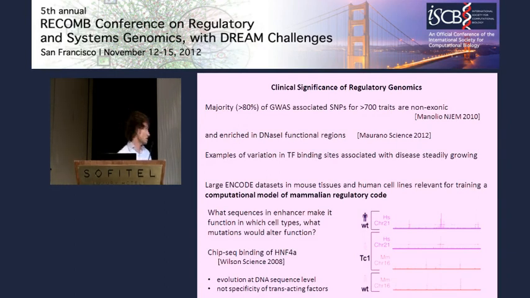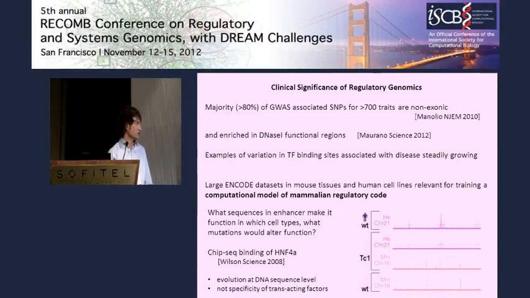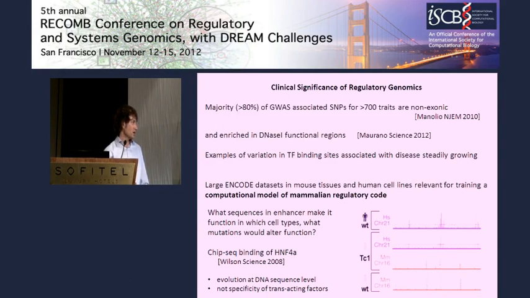So this set of experiments showed that while wild type HNF4 alpha binding was different in human than in mice, in the analogous locus in mouse, a chimeric mouse carrying the human chromosome showed a very similar binding pattern.